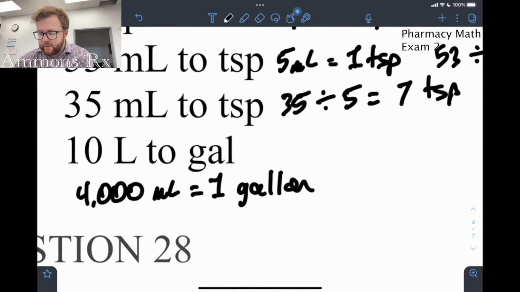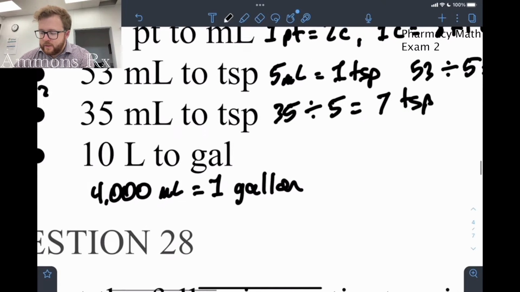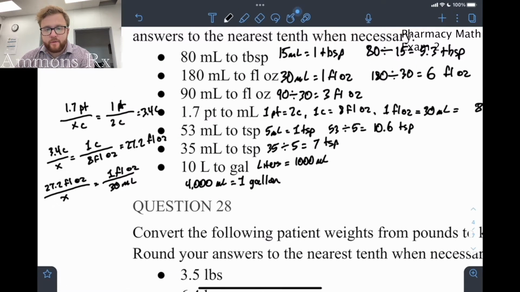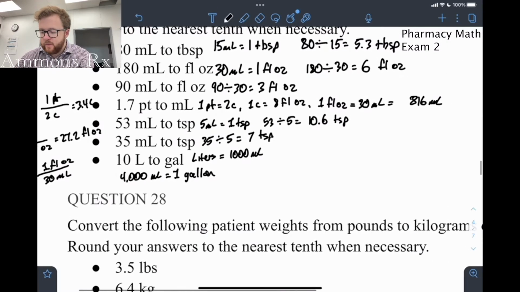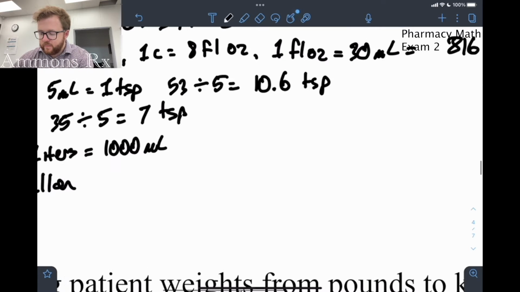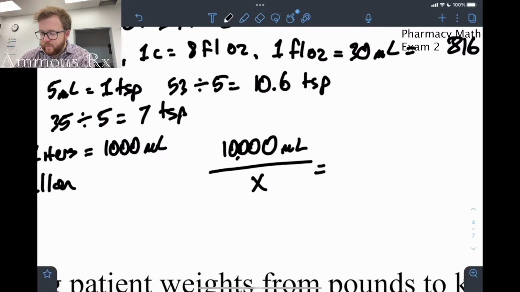Because if you have 10 liters to gallons, 10 liters is how many milliliters by that calculation? Well, by that calculation, there is 10,000 milliliters. And we know that by our approximation, there is 4,000 mils in 1 gallon.